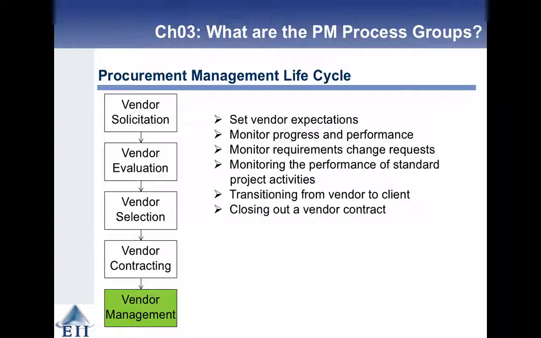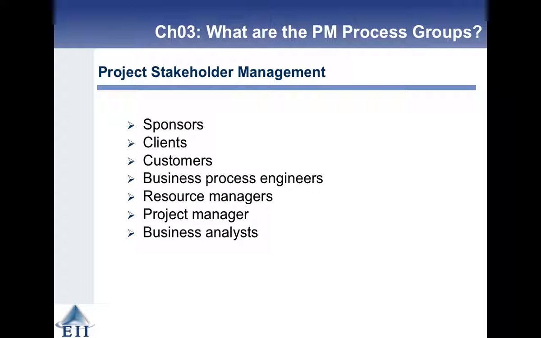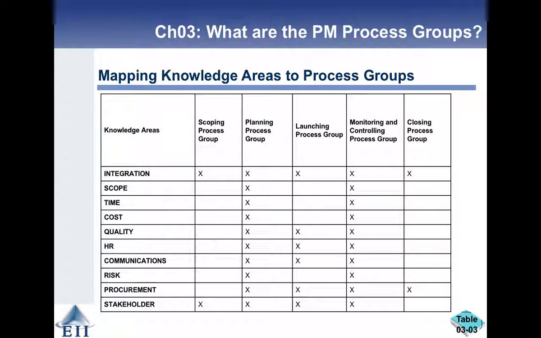And that'll include getting the deliverables from the vendor as well as paying them, making sure they're paid appropriately. So we need to manage stakeholders. They're all examples of possible stakeholders, and that's a part of the list anyway.